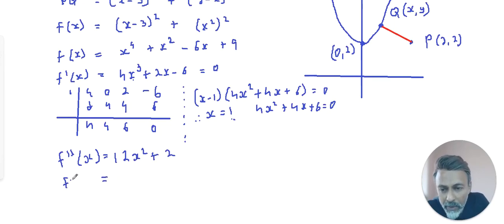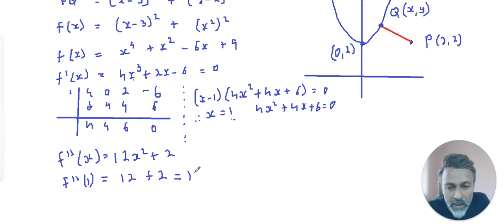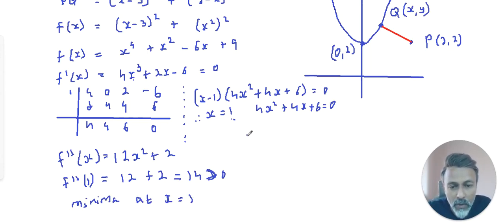So f double dash 1 is equal to 12 into 1 square plus 2, which is 14, greater than 0. This implies we are getting a minima. Minima means nearest, at x equal to 1. Let us substitute x equal to 1 in the given parabola equation, which was y is equal to x square plus 2.